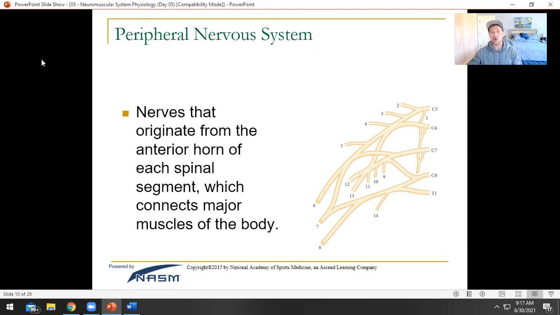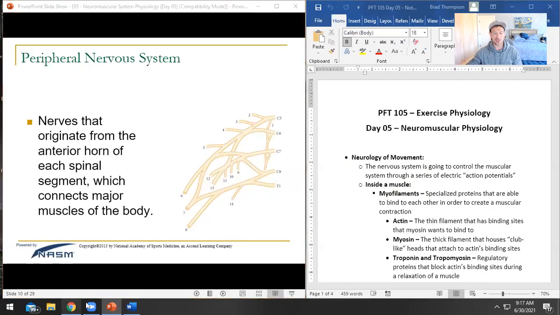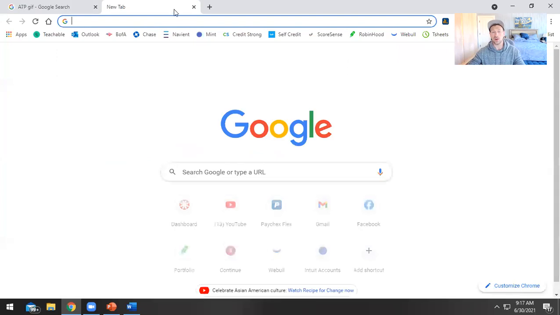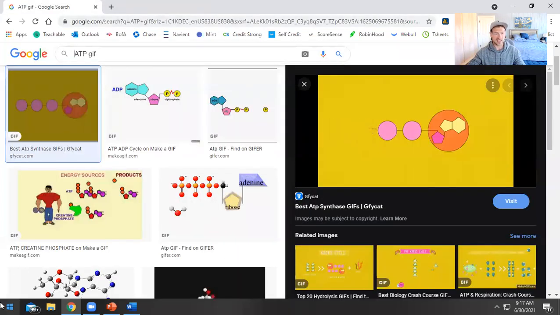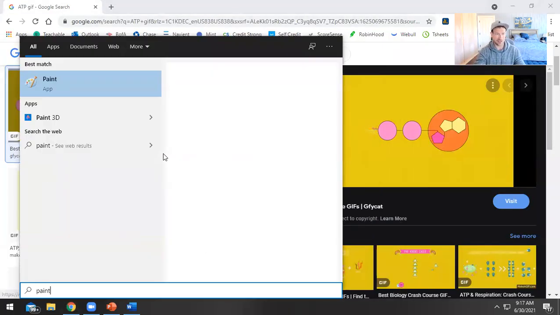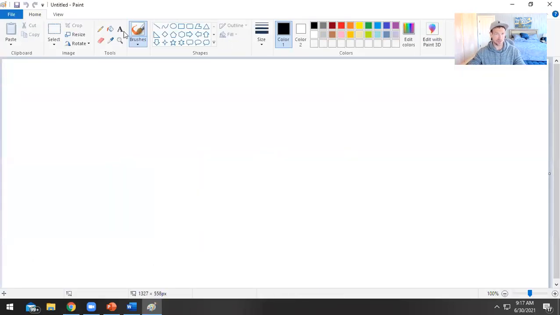But then you are going to look at your peripheral nervous system. Okay, so when we look at our nervous system, it divides down into different sections here. I don't know how to look up what I want to look up, so I'm just going to make my own.